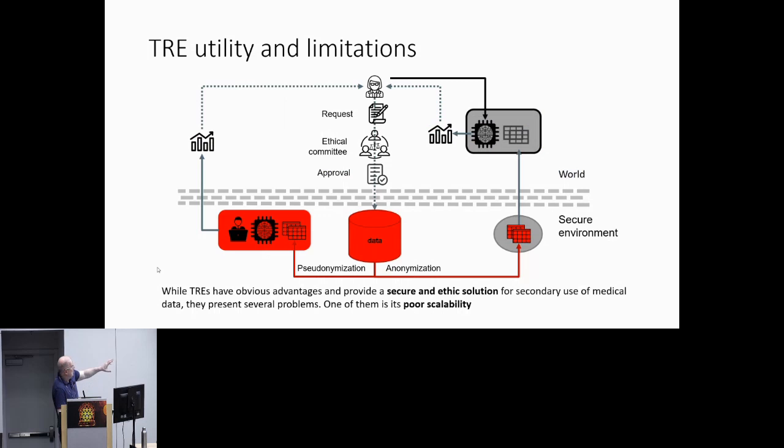What we do is, instead of anonymizing the data and extracting it, we use the data within the health system. And actually, we don't need to anonymize, we pseudonymize. This is very important because for some studies, you may need to re-identify a patient.